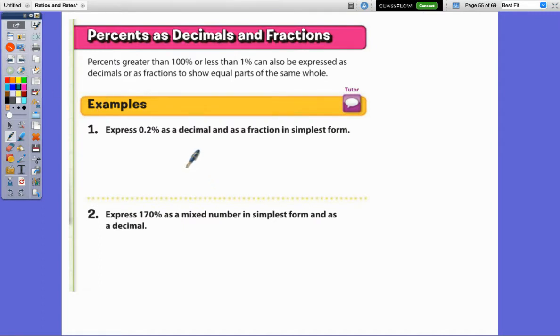Percents greater than 100% or less than 1% can also be expressed as a fraction in simplest form. So we take this and we're going to make it a decimal. Which direction do we go to make a decimal? To the left.